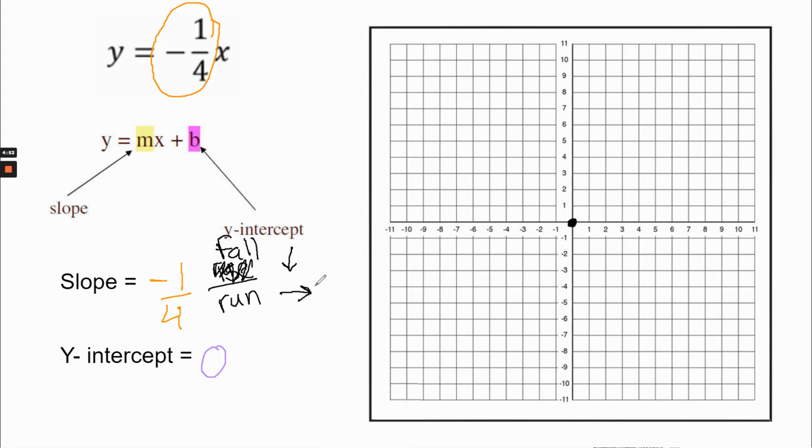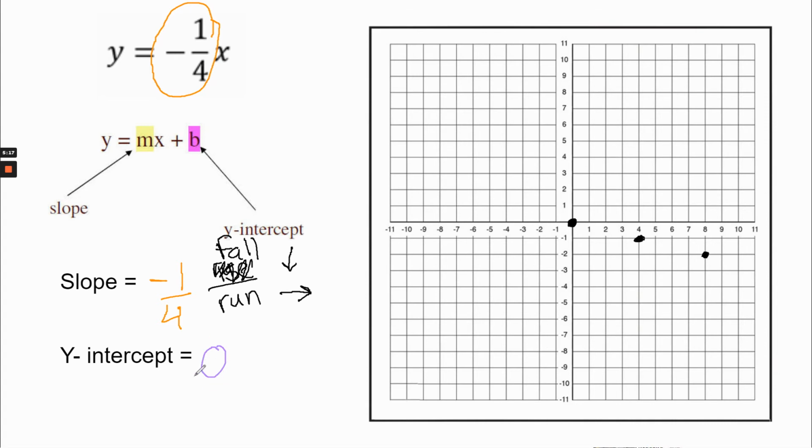So we're going to go down and then right. So I'm going to go down 1 and then right 1, 2, 3, 4. And I'm going to put another dot. And I'm going to start at this point, and I'm going to go down 1 over 1, 2, 3, 4, and I'm going to put another point.